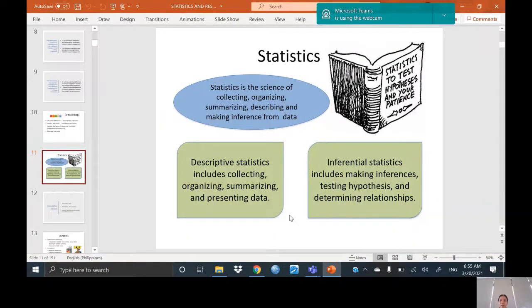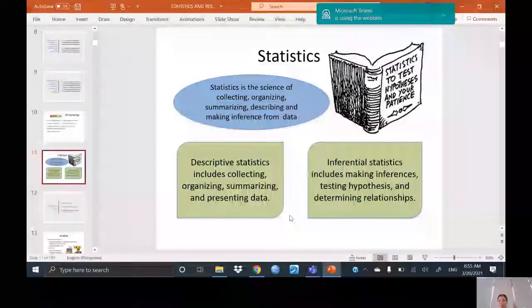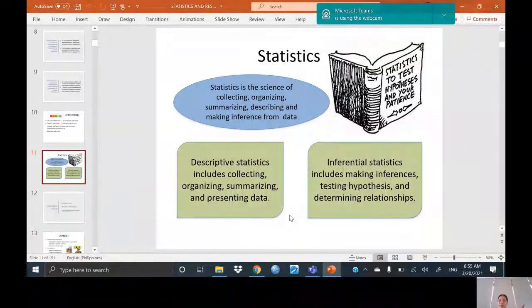Again, statistics is divided in two major parts, the descriptive one and the inferential one. In the process of collecting, because this corresponds with the process of conducting research, you collect the data, you organize the data, you summarize the data, you try to describe the data. That would be part of descriptive statistics.